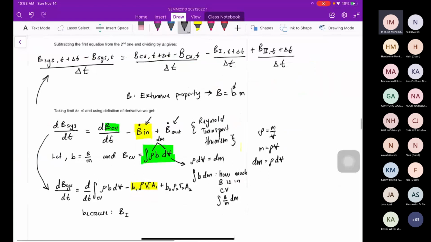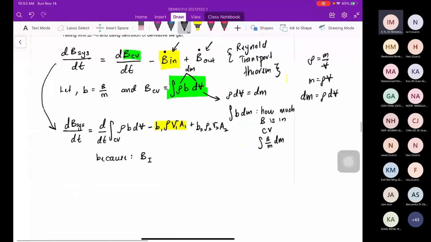B input at T plus delta T is equal to b multiplied with m. b1 m1 at time T plus delta T.